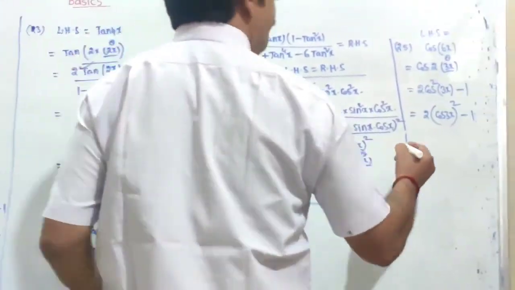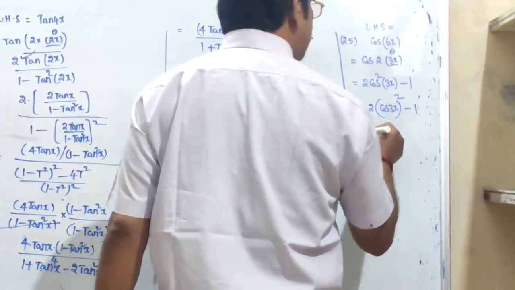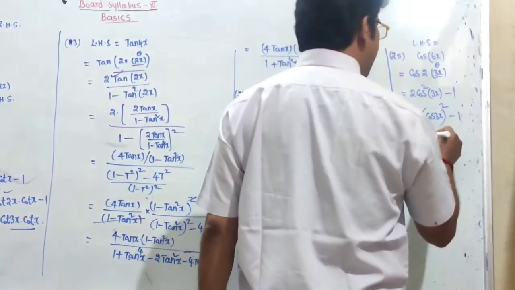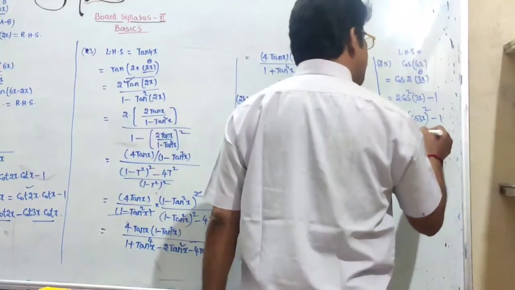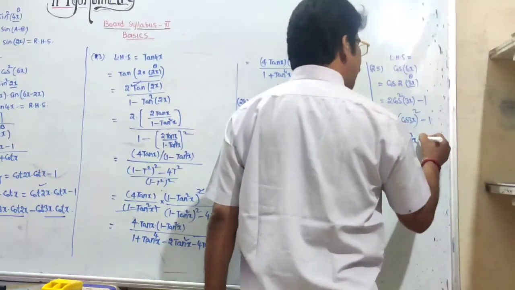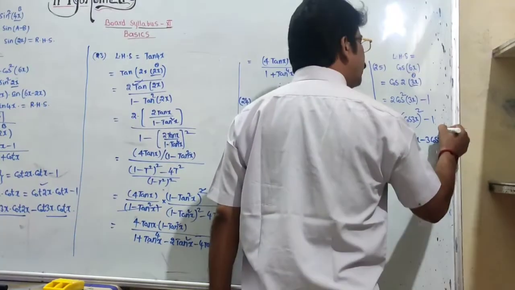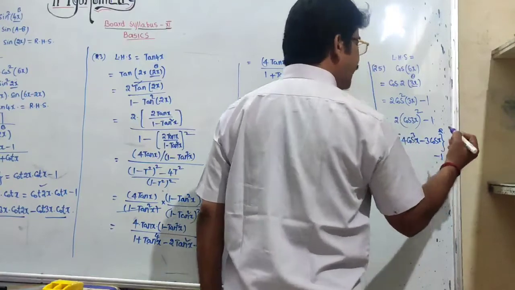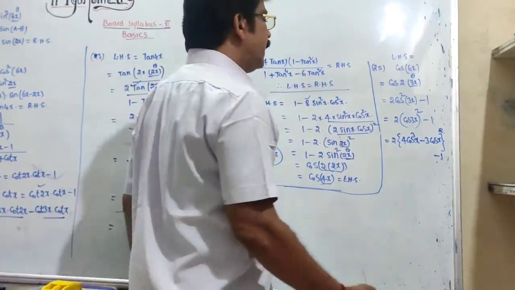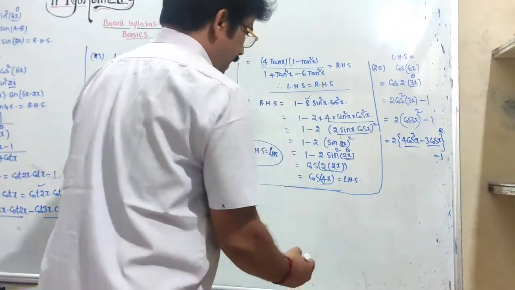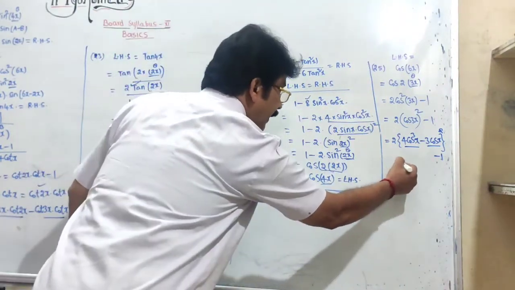So therefore that is equal to 2 into bracket begin (4 cos cubed x minus 3 cos x) whole square minus 1. Now we are following the a minus b whole square formula.